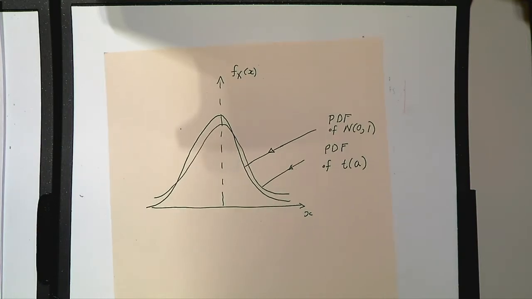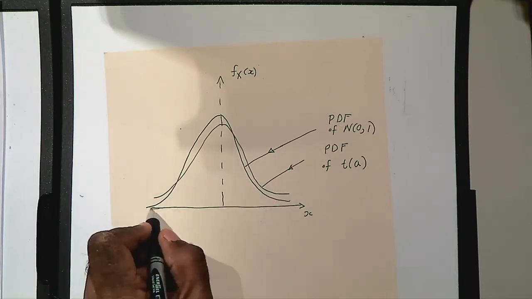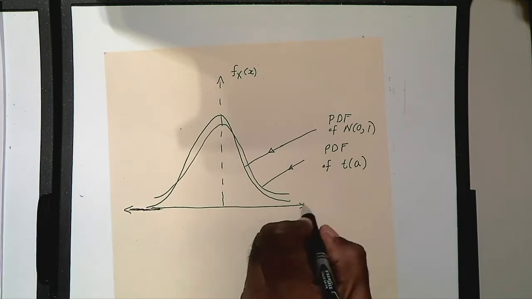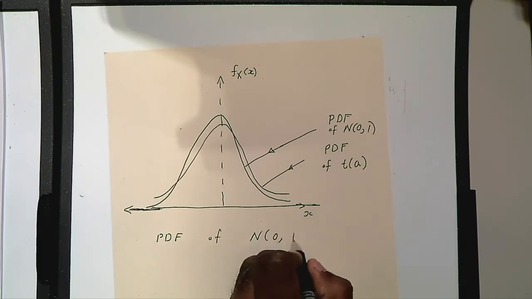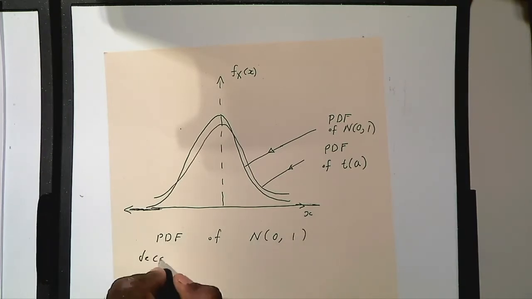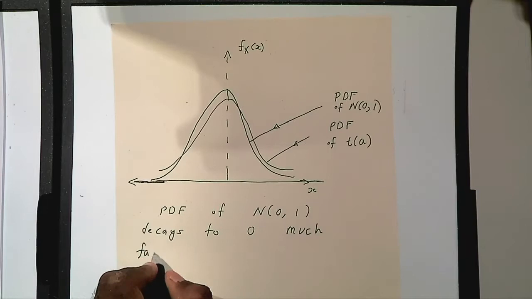The key difference is that the PDF of the normal distribution decays to 0 much faster than the PDF of the t distribution.